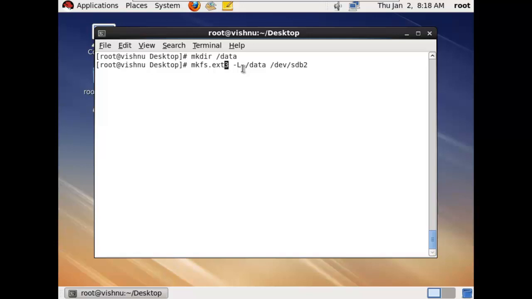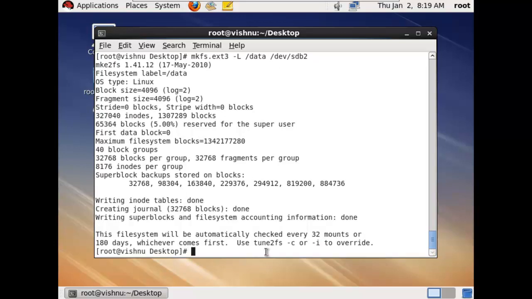So here the file system is somewhat different. With the help of this, in this lab we are going to format this SDB2 with the file system ext3. So just press enter. Formatted the SDB2 named volume.